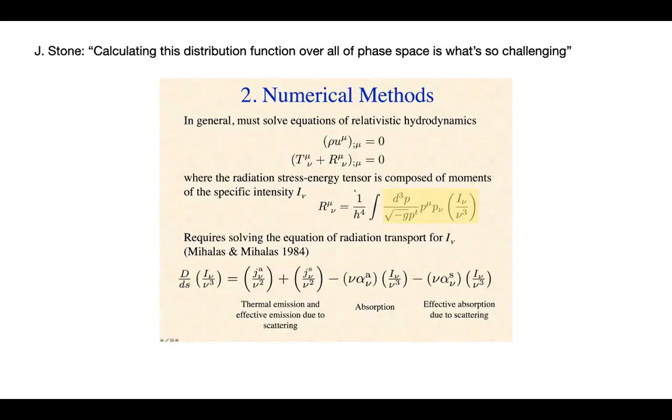A many-dimensional problem. He points out that this term in the integrand is ultimately what we're trying to calculate. And as he pointed out, calculating this distribution function over all of phase space is what's so challenging, because it is multi-dimensional and time variable, and basically just impossible to completely resolve numerically.